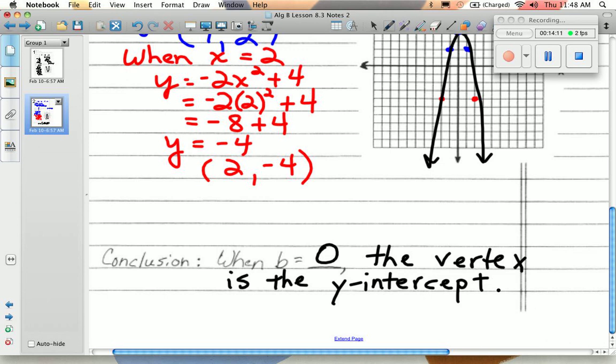We did that yesterday. Get out yesterday's notes, because you're going to need them for today's homework. What did we say yesterday about the y-intercept? What did we do yesterday to get the y-intercept?